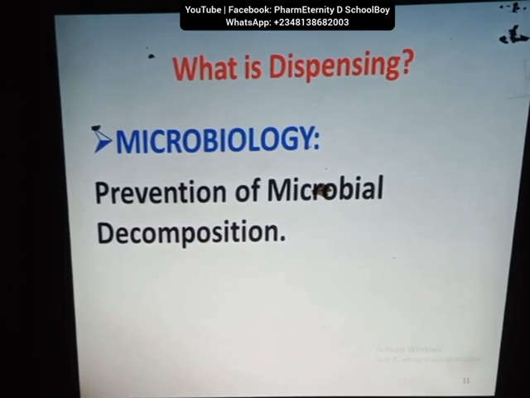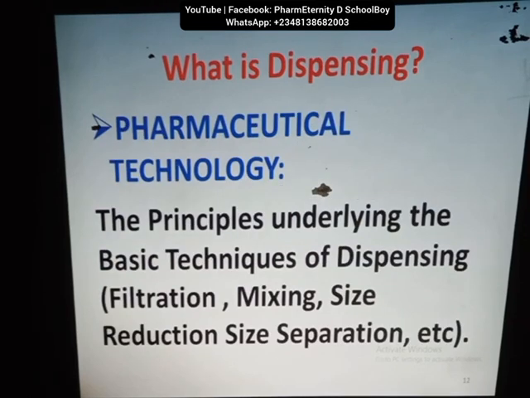A pathogenic bacterial organism may be introduced into a medicine because there is no check on the microbial load. And if that happens, apart from degradation of the medicine, it may also affect the patient directly by causing diseases to the patient. So it's very important. Pharmacy schools and pharmacy technician training schools offer microbiology. Very important.